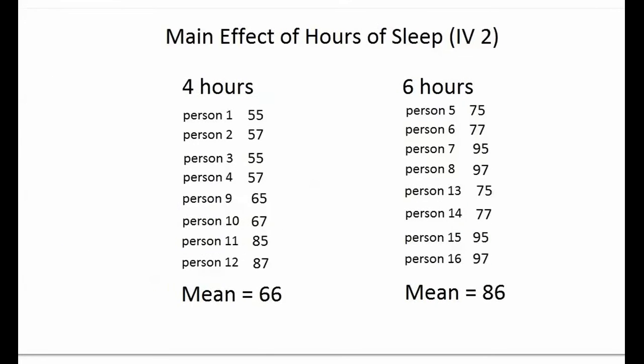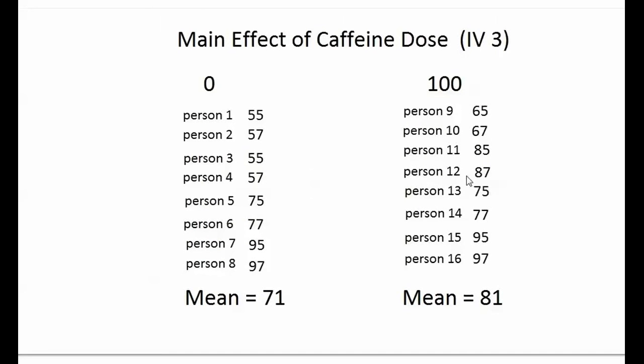We can look at that right here. The mean of these 8 people is higher than the mean of these 8 people. So we do have a main effect of caffeine dose. The 8 people who had caffeine did better on average than the 8 people who didn't have caffeine.